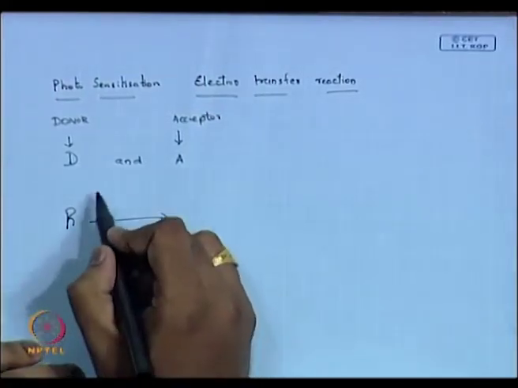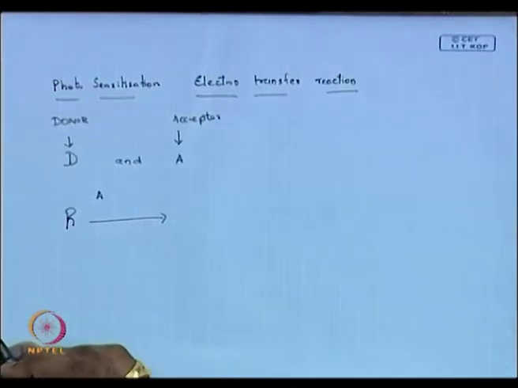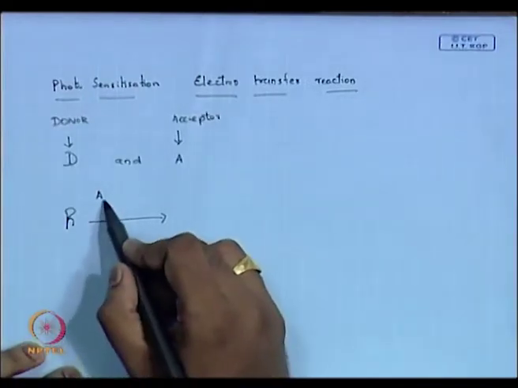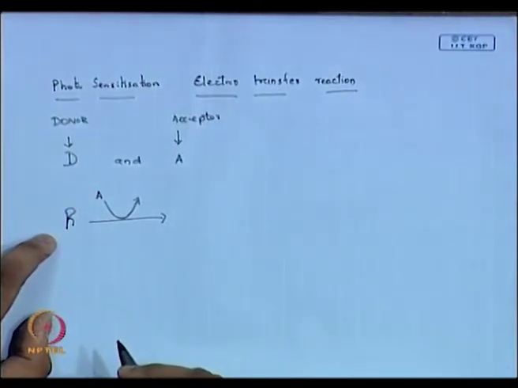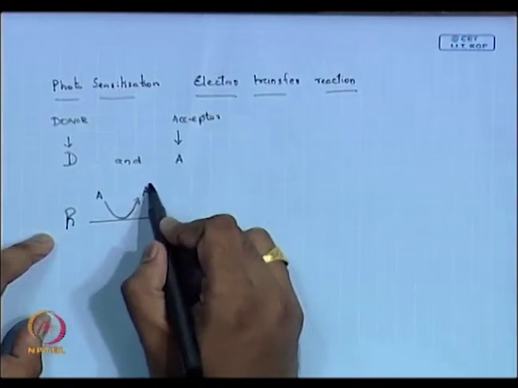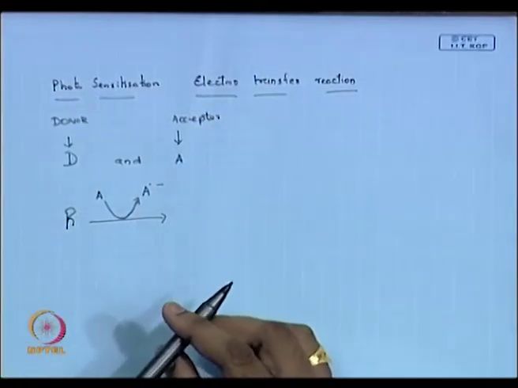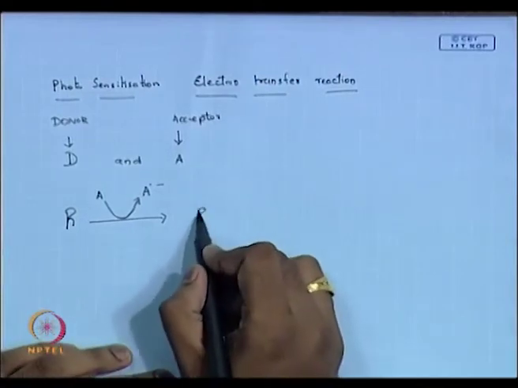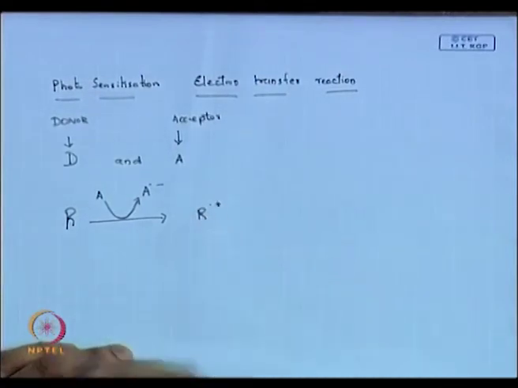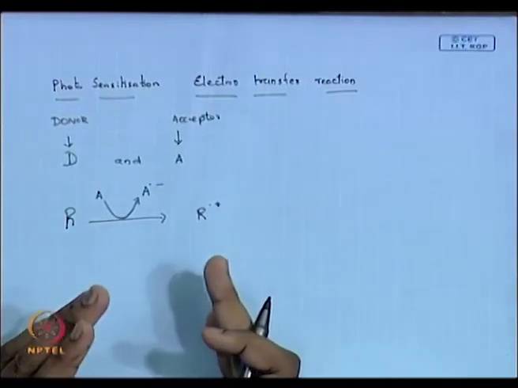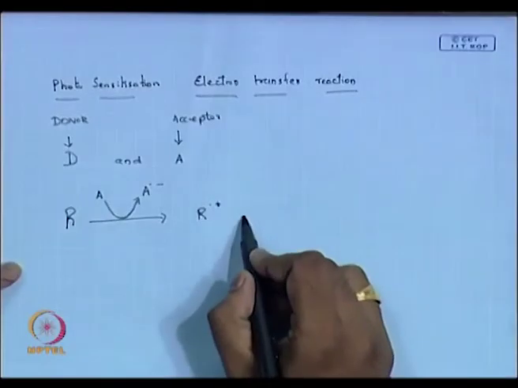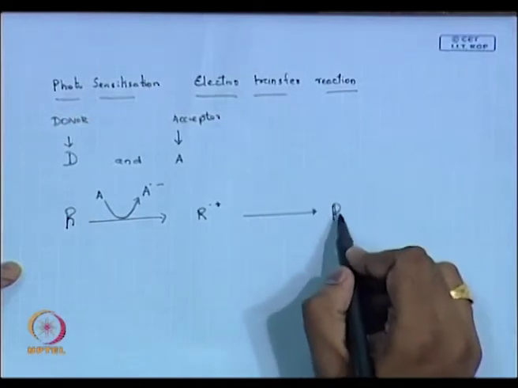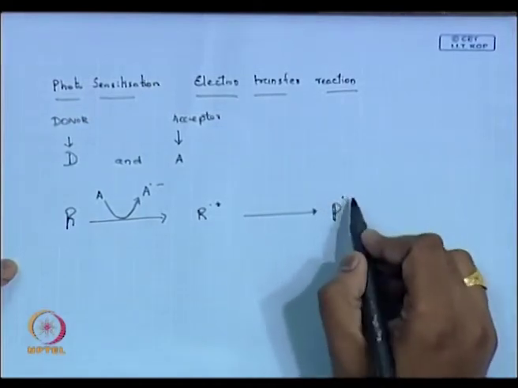If I take my acceptor and excite my acceptor, what does my acceptor do? My acceptor mostly comes and interacts with my R, takes an electron from my R, because it basically accepts an electron, to give me what? R dot plus. I get this type of intermediate species, which then reacts with the other substrate or with the solvent system to give me my product P dot plus.